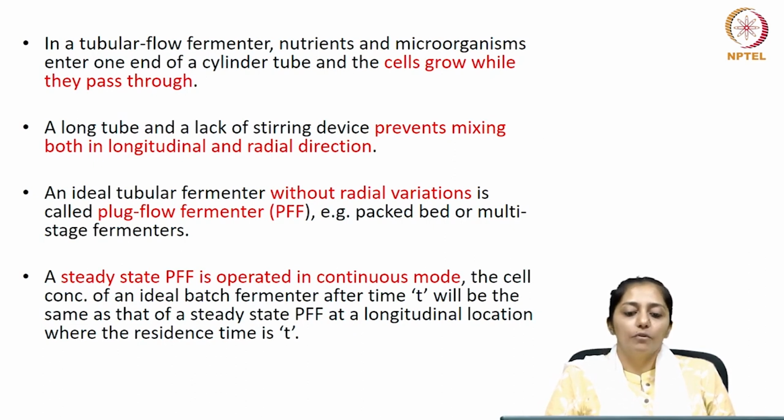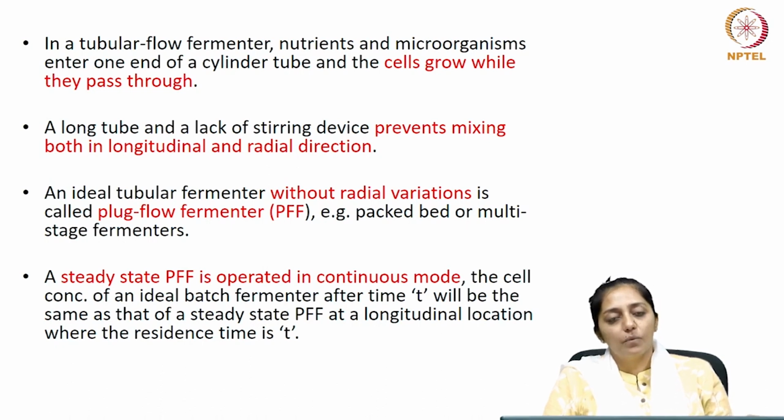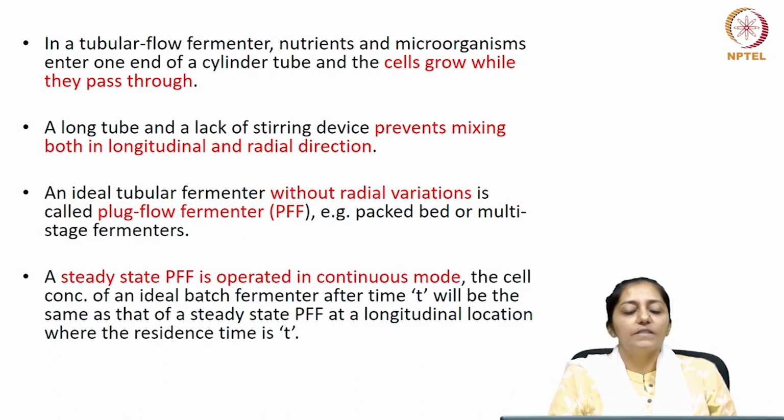It is a tubular flow fermenter in which the nutrients and microorganisms enter one end of the cylindrical tube and the cells grow while they pass through that tube. So it's a long tube and there is a lack of stirring device which prevents mixing both in the longitudinal as well as in the radial direction of the tube.